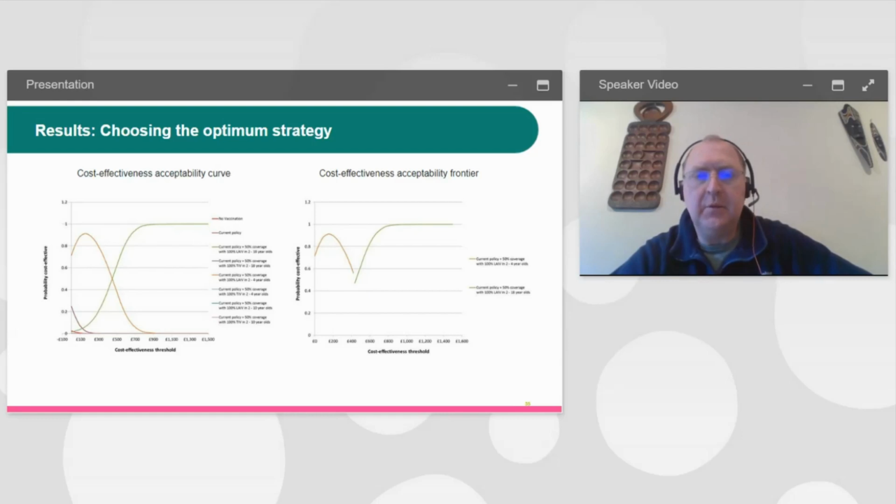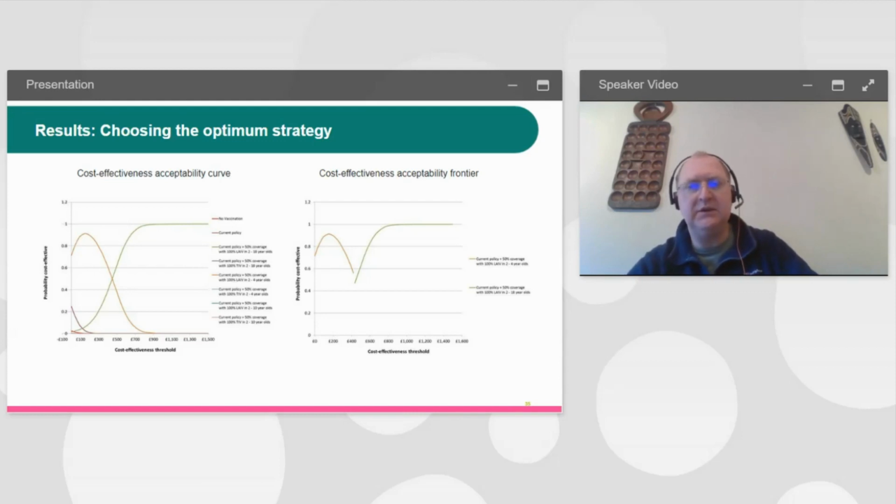And by distilling all of that uncertainty in the estimates of outcome and cost, it allows us to see, for any particular cost effectiveness threshold, which scenario has the highest probability of being cost effective. And therefore, at any particular threshold, we have an indication of the policy that's most likely to be cost effective.